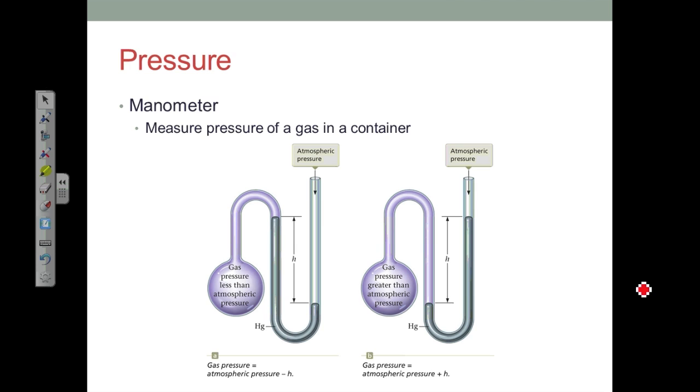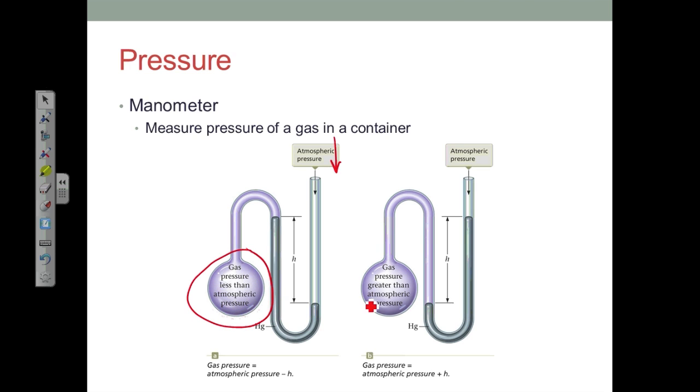Now what this does is compare the pressure inside our vessel to our atmosphere pressure, just pushing down. So on the left side, we have our gas in here, and then we have our atmosphere pressure pushing down.